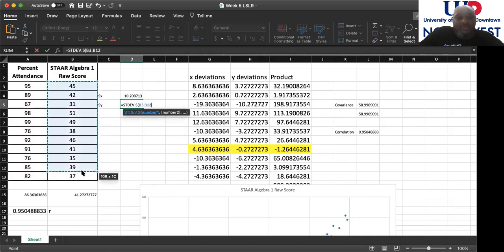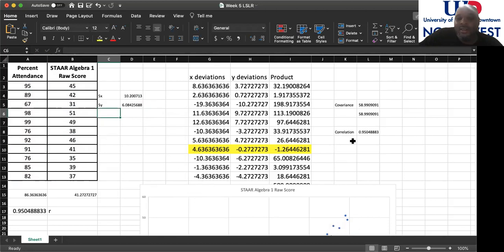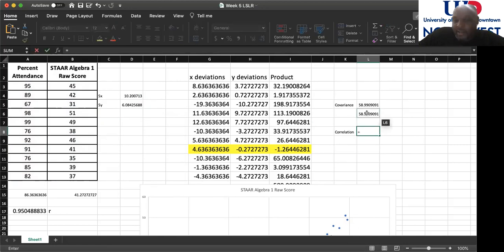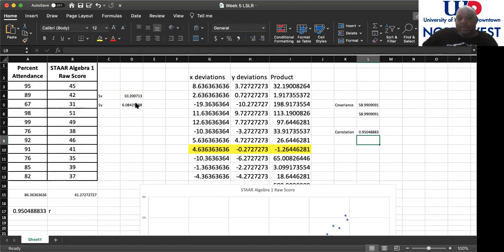Drag that down. That's standard deviation of y. To find the correlation, we do the covariance divided by the product of those two standard deviations. So you multiply them together. This times this. That's your correlation, which you have right here too by the function, by the formula. So the correlation is given to us there too.